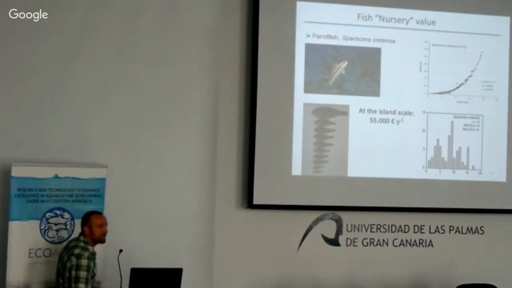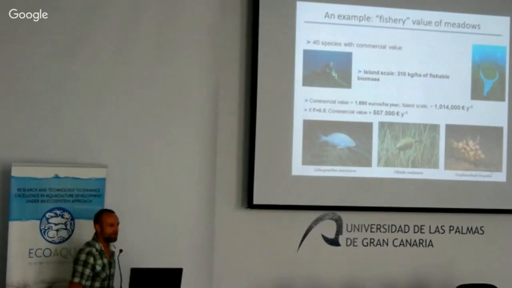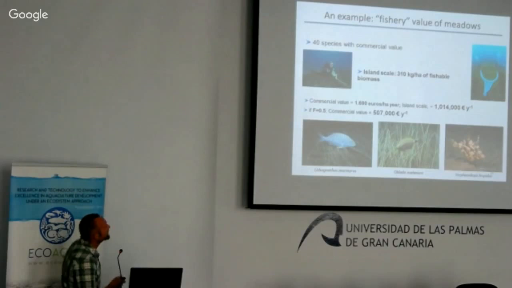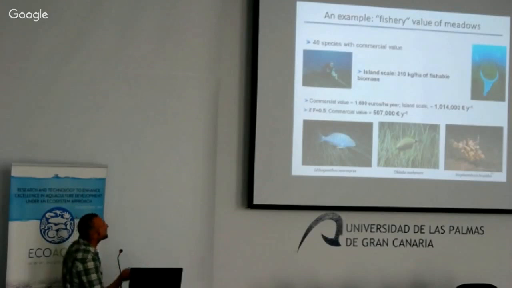Why am I saying this? Because we know that in any seagrass meadow, we can find a whole range of fish, a whole range of organisms. So again, if we take advantage of our abundance and biomass estimators, and we take into account the area that is covered by the seagrasses in a particular area, we can, for example, estimate the commercial value of that entire biomass.